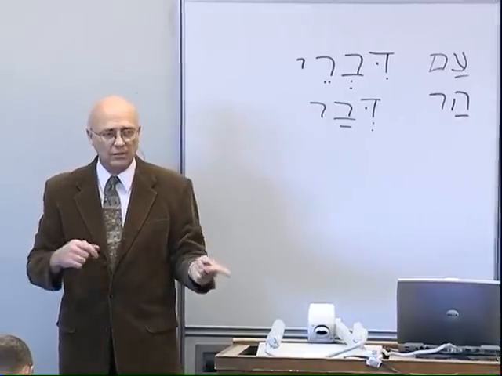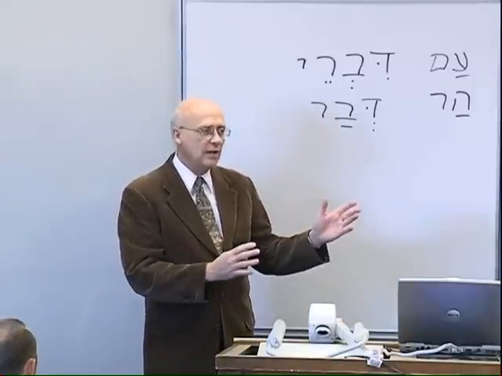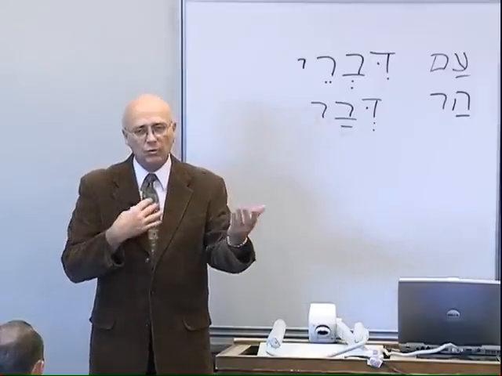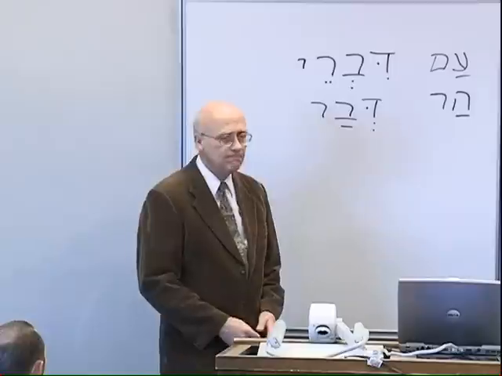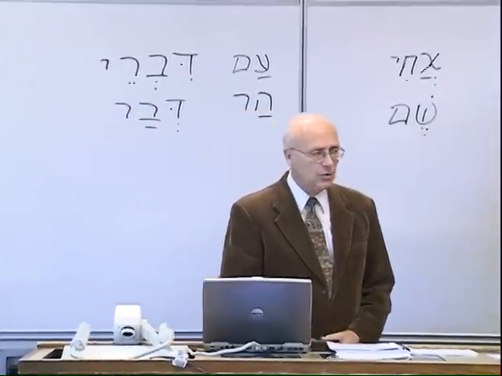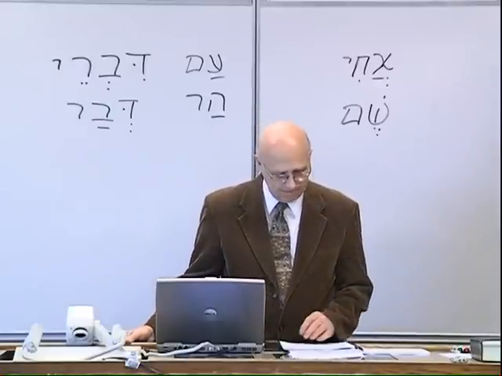Whichever way you correct it. Because the way it was written, it's as though someone started out trying to write it from the singular and ended with a plural ending. Whichever way you corrected it, you should correct it one of the two ways. Any questions on that one? It should be either devar in the singular, or divrei in the plural. You should have one of those two.